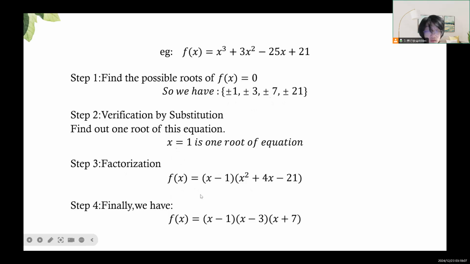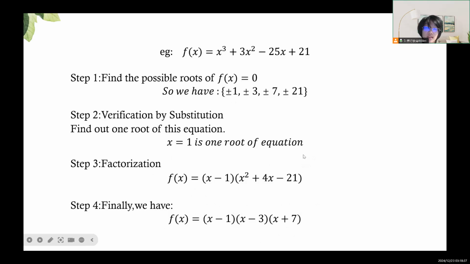We can use the factorization to factor this one, and we only need to factor x squared plus 4x minus 21. Finally, we have f(x) equals (x minus 1)(x minus 3)(x plus 7).